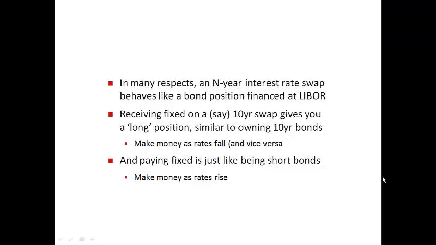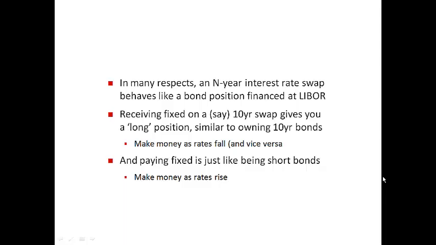Swaps are not the only way of trading interest rates. Traditionally, that would have been done by buying or selling government bonds. From a market risk perspective, and ignoring issues such as funding and credit risk, there is essentially no difference between a swap position and a bond position.